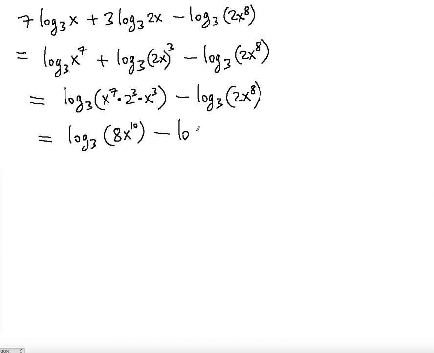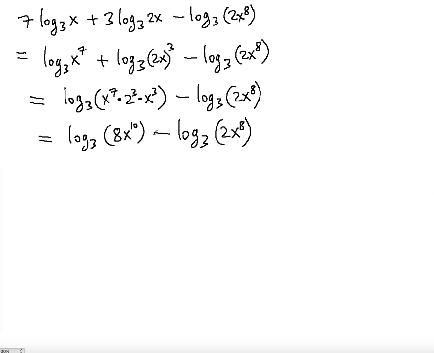Minus log base 3 of the input 2x to the 8. So now here's the thing, before we knew that there was a sum, so we knew that we have to deal with the product of the separate inputs here, but now we have the minus sign, right? We have the minus sign and we have the same base, so that means we can simply use the quotient, right?